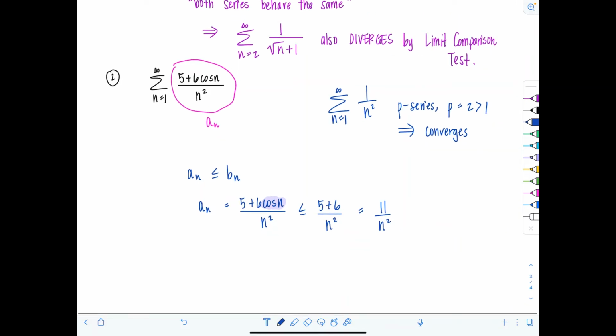Okay, so why don't we go ahead, call this b_n, and I'm just going to slap an 11 here, and we'll talk about why we're allowed to do this. If you multiply some convergent series by a constant, it will still converge, right? If you think about it, if that infinite sum approaches some finite number, you could multiply by any number, even a million, it will still approach some finite number.